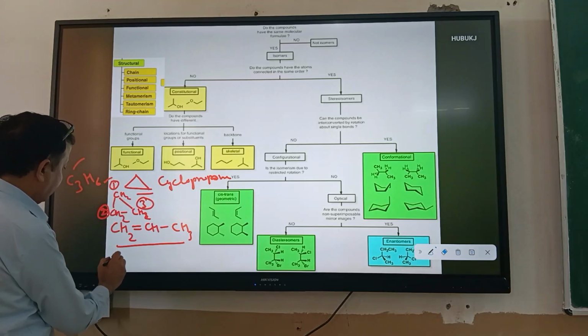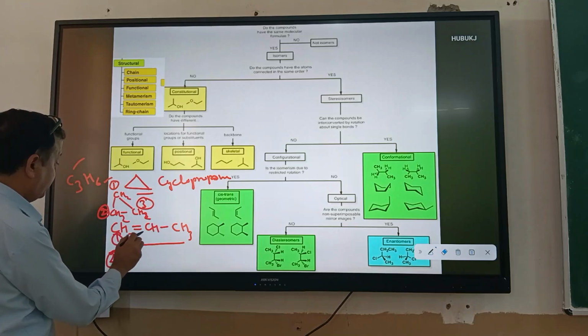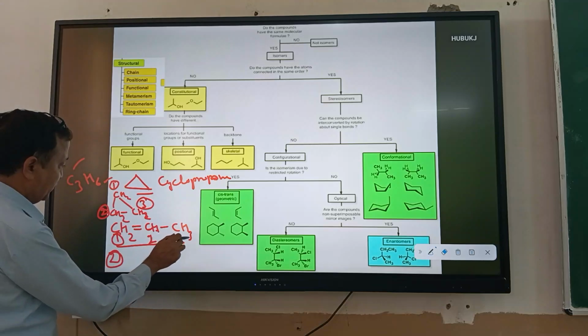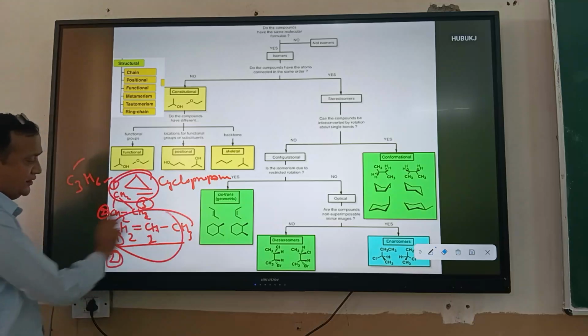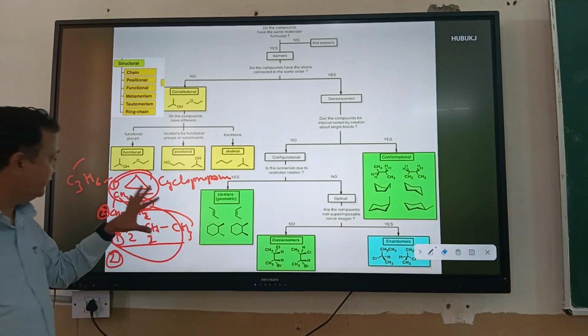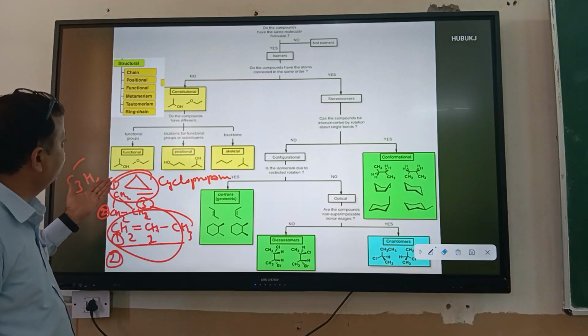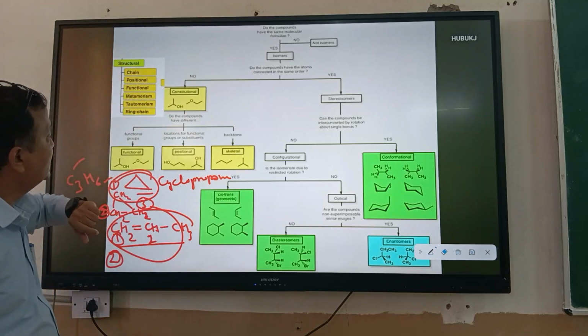In the second case, the first carbon is attached to 2 hydrogens and 1 carbon, the second carbon is attached to 2 carbons and 1 hydrogen, and the third is attached to 3 hydrogens and 1 carbon. So in both cases the connectivity differs from each other while the molecular formula is the same. Such isomers are known as structural isomers or constitutional isomers.